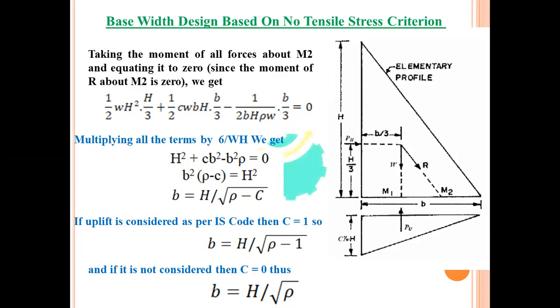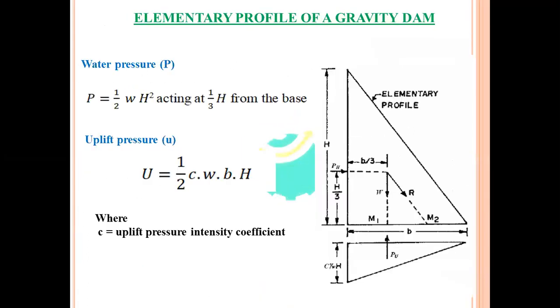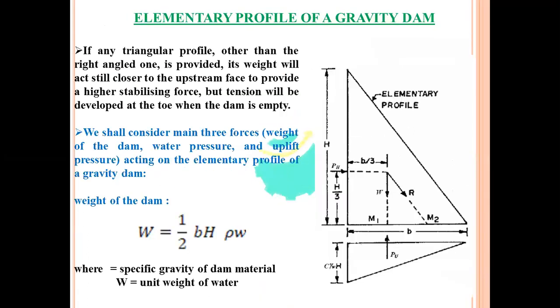In moments, what do we add and what do we subtract? We are taking the three forces, right? So what is the weight of the dam? The formula is B H rho W. In which direction does it act? In the vertically downward direction.